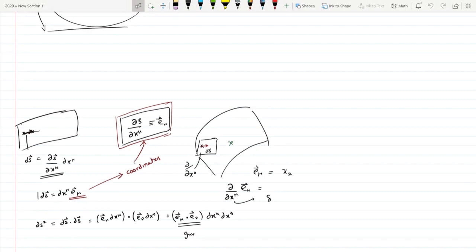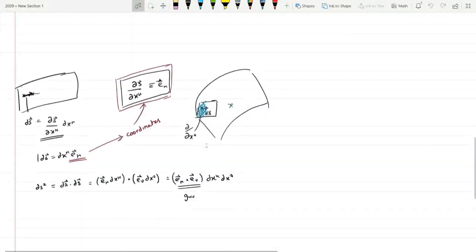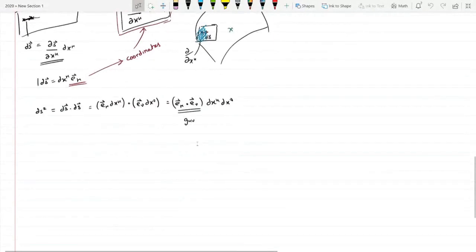Yeah, this returns a delta function and it's killed everywhere except when e mu is 2 and the derivative is dx2. So all I've done is drawn for myself an orthogonal Cartesian set of basis vectors here. That's all I've done between this, and I've said I'm taking the derivative, and this returns a delta function. So that's all I've done. I've made a choice of basis, and this is the choice. It's a particularly useful choice for what's about to come next.